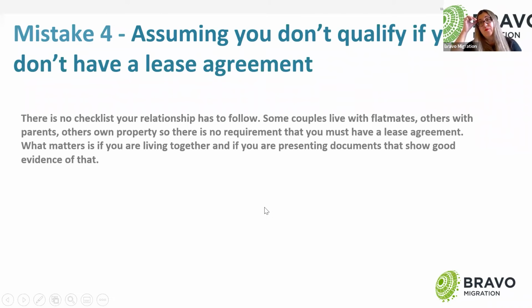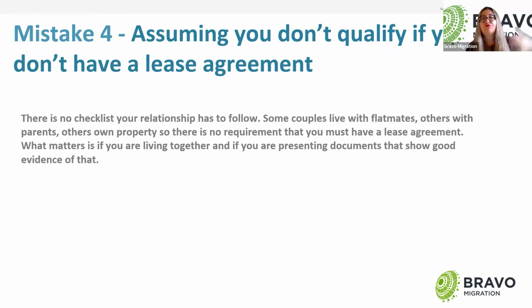Another thing we see is couples coming to us and saying, look, we've been living together for 2 years, but we can't apply for the partner visa because we don't have a lease agreement. We live with flatmates and the agreement is in my flatmate's name, or we live with my partner's Australian parents because we're saving money to buy a house, and the Australian parents don't have a lease agreement, they own the house.